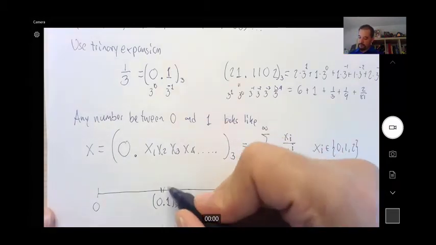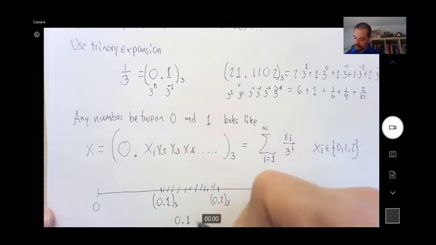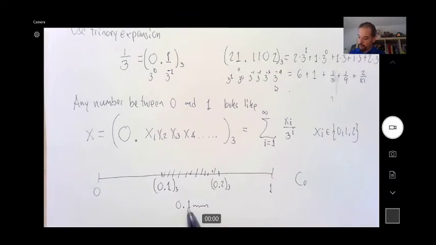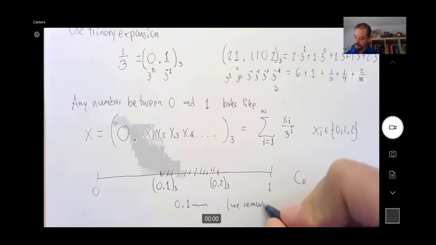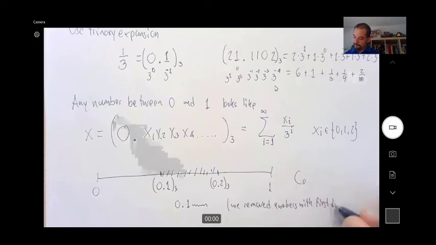So the ones we removed are the ones that have 0.1 and then anything else. So we remove numbers with first digit 1.